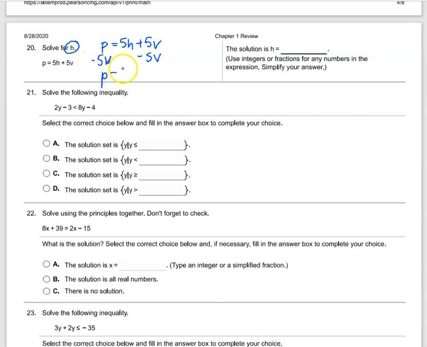So p minus 5v is equal to 5 times h. To get rid of the 5, I would divide, and you need to be careful and divide everything on this side. So these 5's cancel out, so we're left with h is equal to p minus 5v over 5.